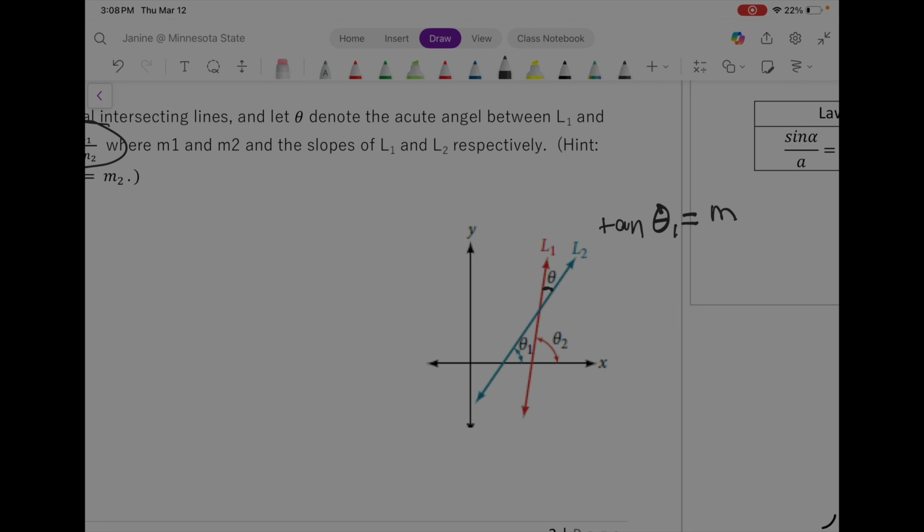Taking you back to high school geometry, this angle theta right here is the same as this angle theta right there. Now, all of the angles inside of a triangle add up to 180 degrees, or in other words, pi, right? So if the sum of all the angles is pi, let's write down all of these angles.